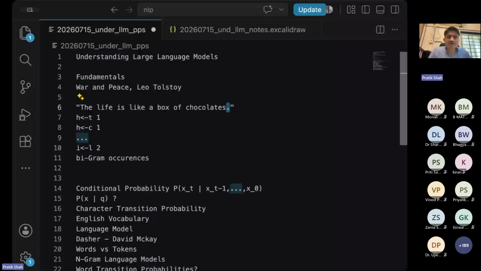So things which are not alphabets are put in one class, one basket. And so 26 alphabets plus one additional, that makes it 27. So I have now 27 by 27 transition probabilities.